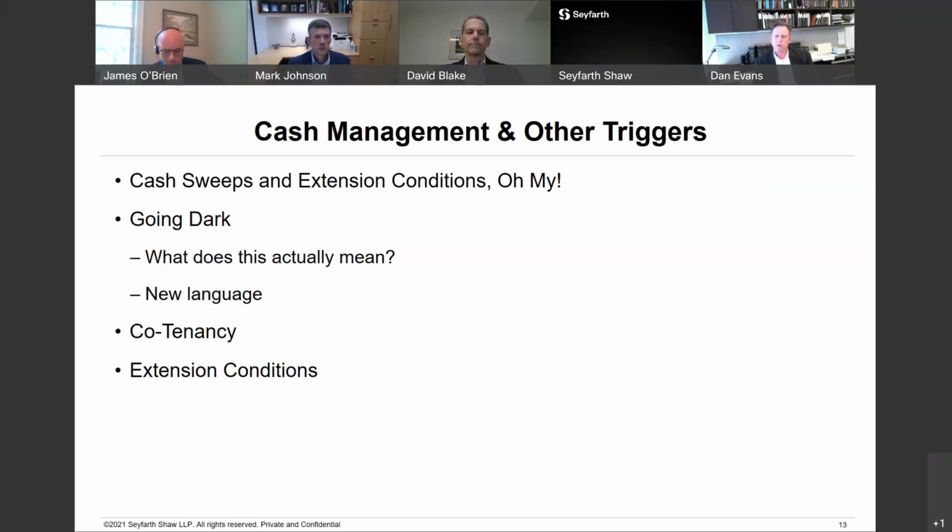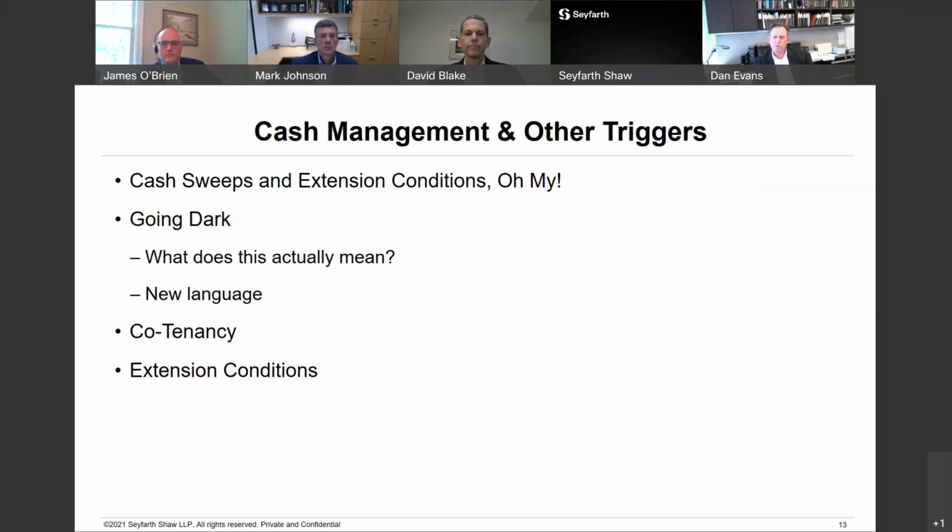Your debt service coverage ratio goes down below whatever the trigger event may have been in your documents, and you have a performing property, but now you're in a cash sweep. Extensions. We had a number of folks with shorter term debt who were coming up on extension periods, and all of a sudden they found that they had been meeting all their criteria all along, but now they don't meet a debt yield test or they don't meet a DSCR test.